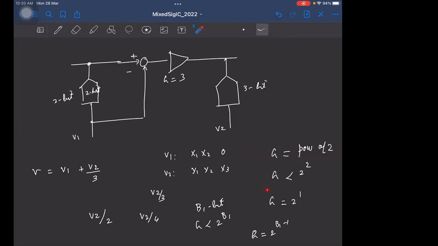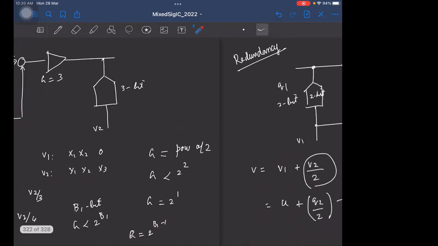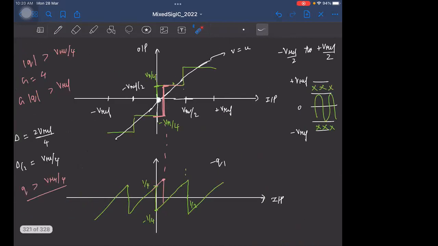And of course, we saw that the gain has to be less than 2 power 2. So in general, we choose a gain of this form. That is, if the front-end ADC has B1 bits of resolution, you choose a gain which is 2 power B1 minus 1, right? And the moment you do that, you find that the quantization noise here can exceed slightly greater than Vref by 4.